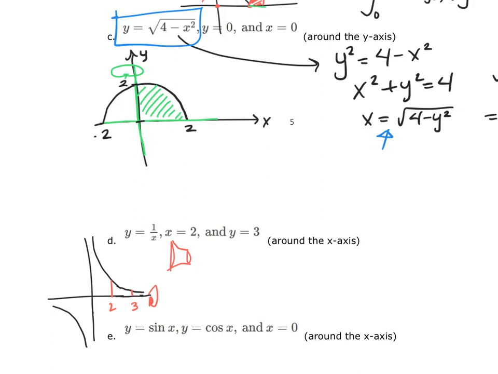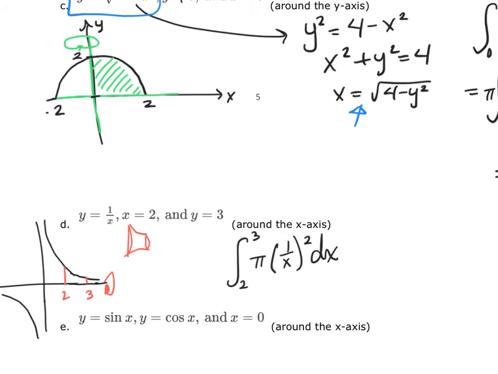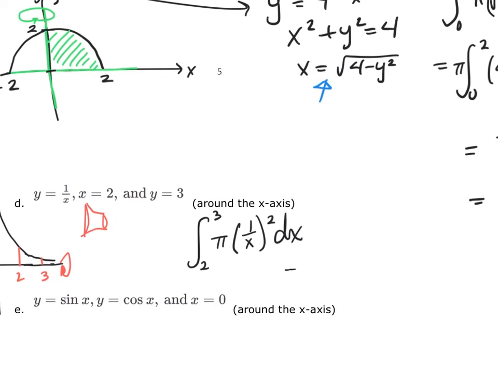And so for this integration, this one's actually pretty straightforward. It's going to be the integration from 2 to 3, and I'm going to integrate pi, don't forget pi, times my function, which is 1 over x, the quantity squared, dx. So this is simply going to be pi from 2 to 3, and I'll write this as x raised to the negative 2 dx.